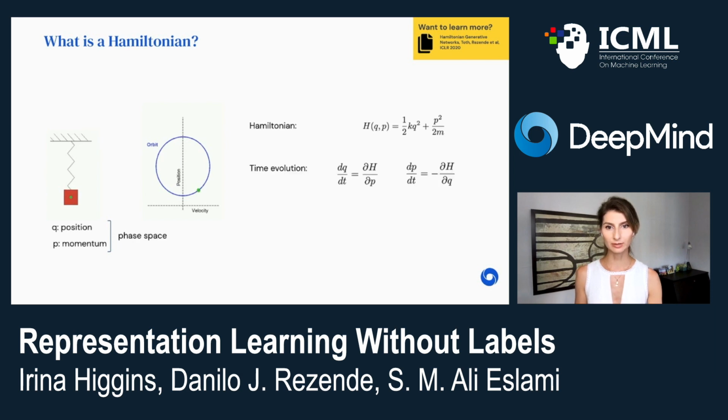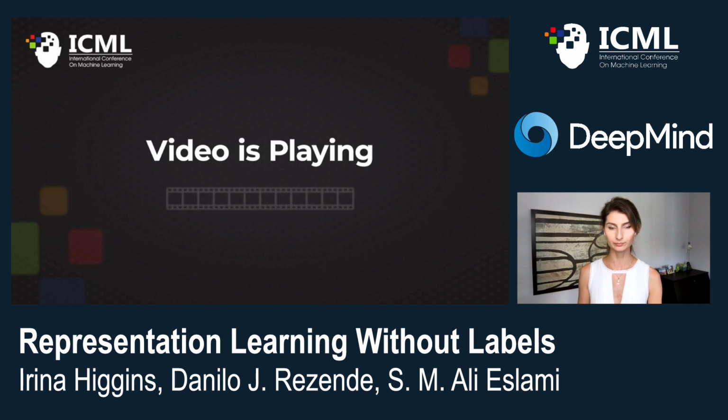The continual dynamics are modeled by taking the partial derivatives of the Hamiltonian with respect to position or momentum. So, to calculate the next position, we use the derivative with respect to the momentum, and to calculate the next momentum, we use the negative derivative with respect to the position. The equations on the slide are presented with the Euler integrator for simplicity. In practice, more advanced integrators are used.